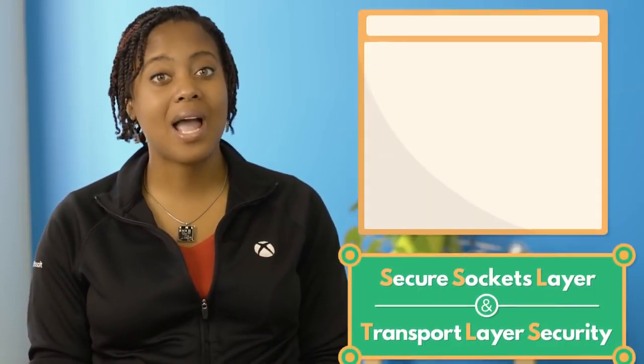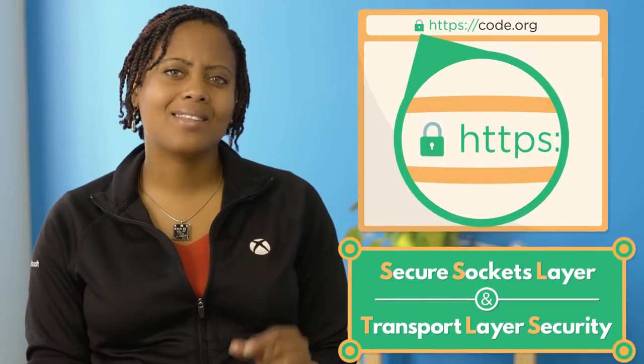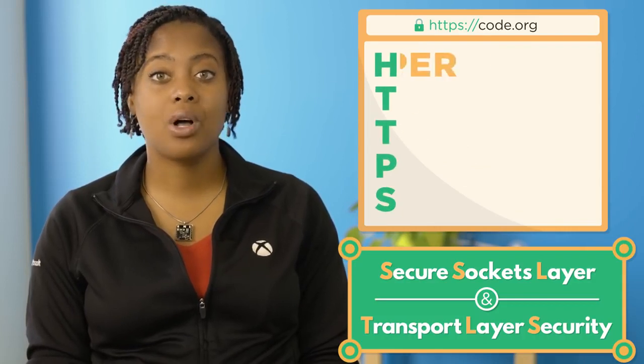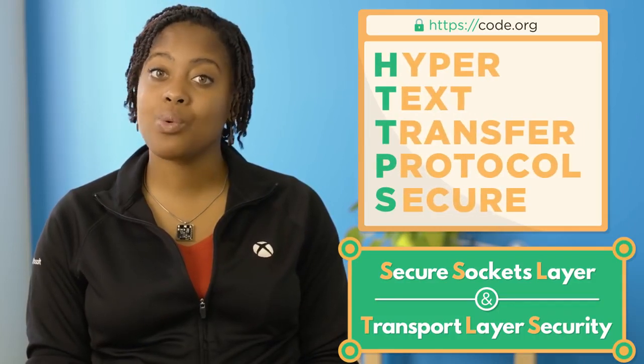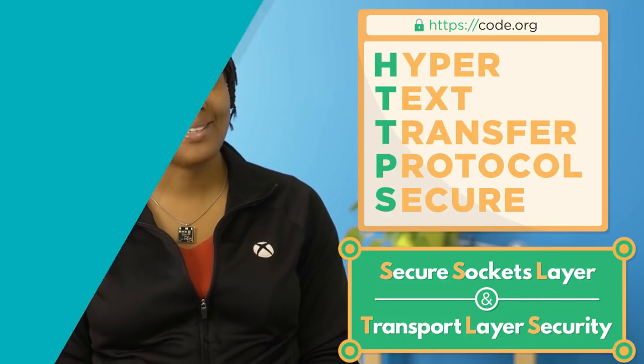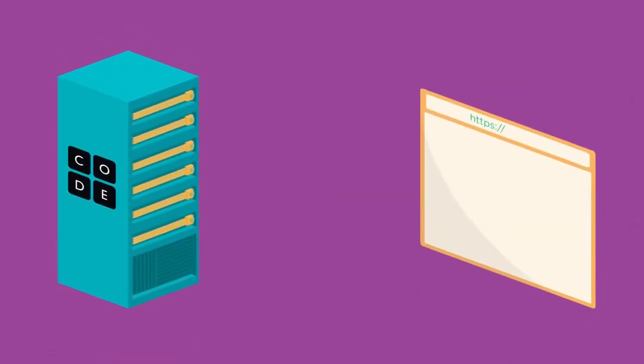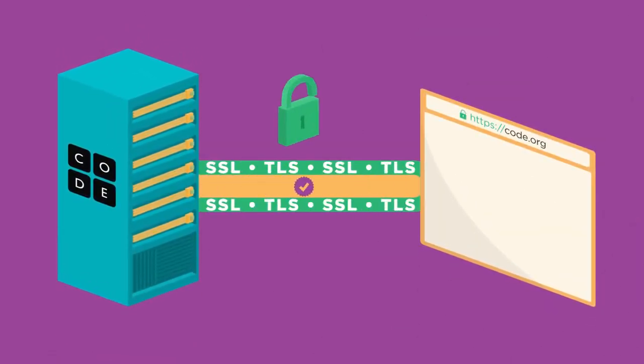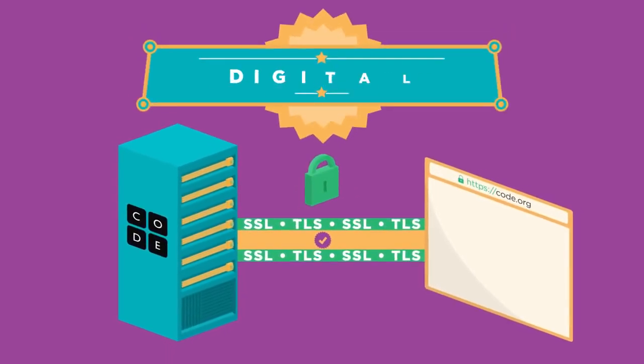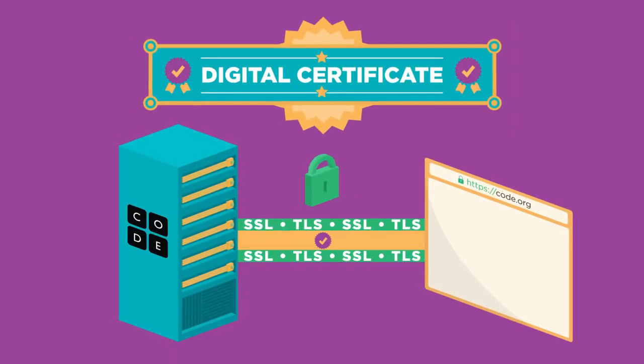SSL and TLS are active when you see the little lock that appears in your browser address bar next to the HTTPS. The HTTPS protocols ensure that your HTTP requests are secure and protected. When a website asks your browser to engage in a secure connection, it first provides a digital certificate, which is like an official ID card, proving that it's the website it claims to be.